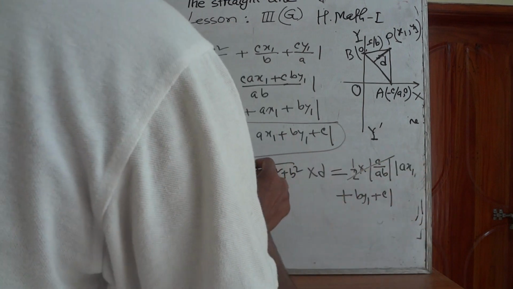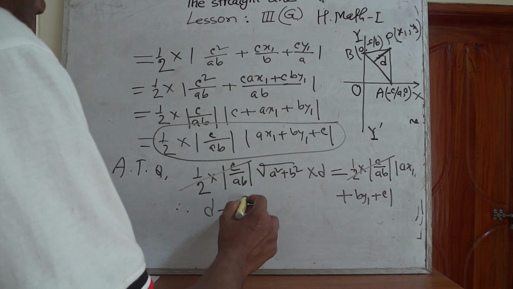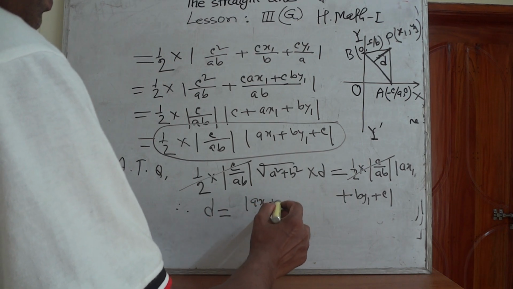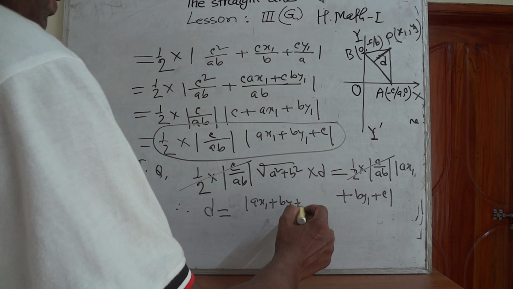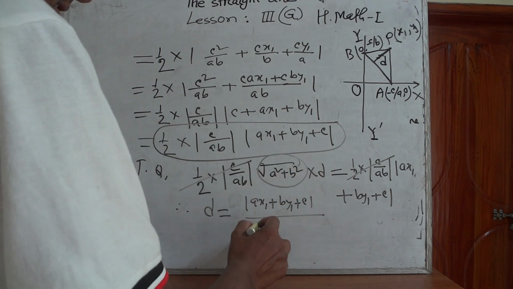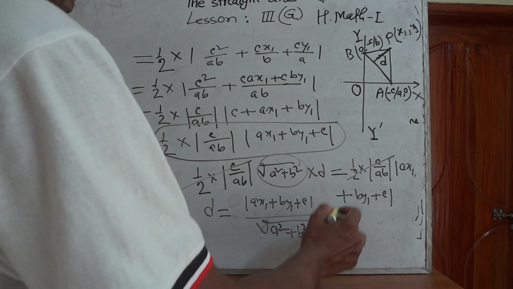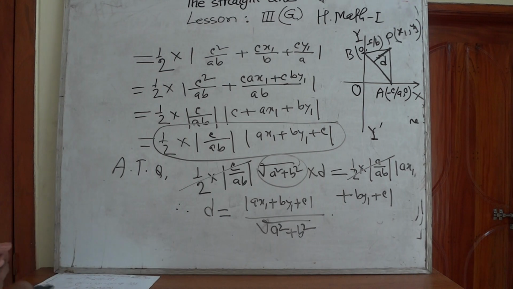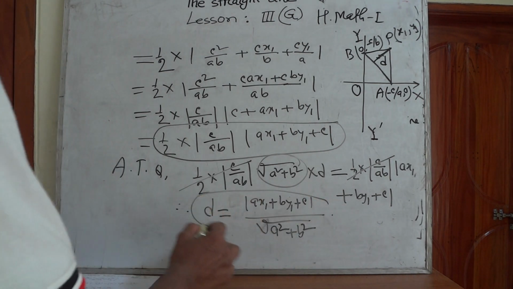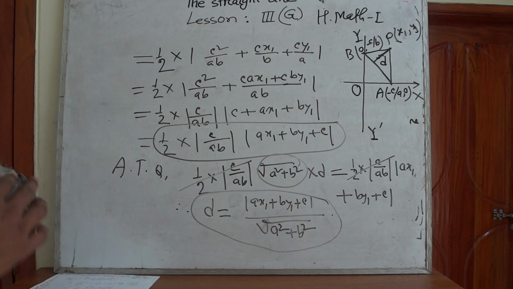Both sides, this and this cut. Therefore d is equal to the absolute value of a x1 plus b y1 plus c divided by the square root of a square plus b square. This is the distance formula between a point and a straight line.